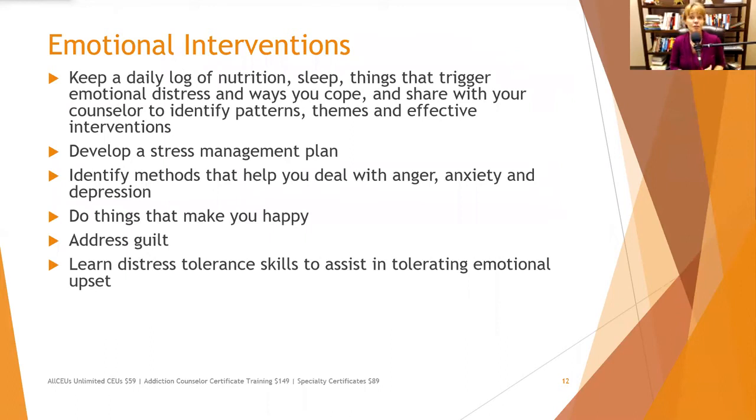Things that trigger your emotional distress, as you identify those, then you can start figuring out how to deal with them or prevent them. And ways you cope is important to keep track of because we want to build on those. Those are obviously working for you at least a little bit right now.